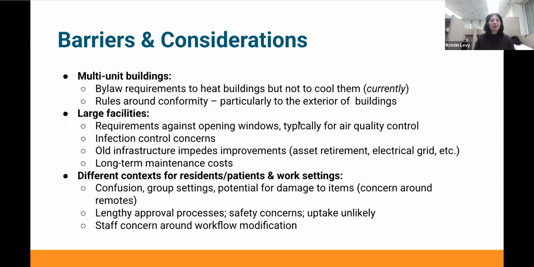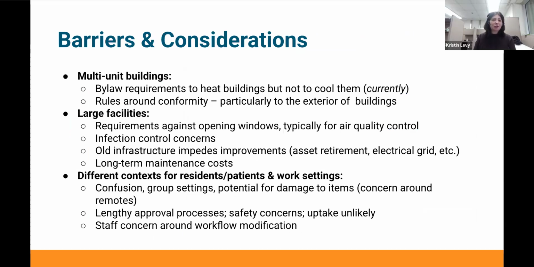So there were a number of barriers and considerations when talking to people about the heat solutions. I made a list here of just the key ones that came up over and over again. With multi-unit buildings, there are bylaw requirements to heat buildings, but currently there's not often any requirement to cool them.